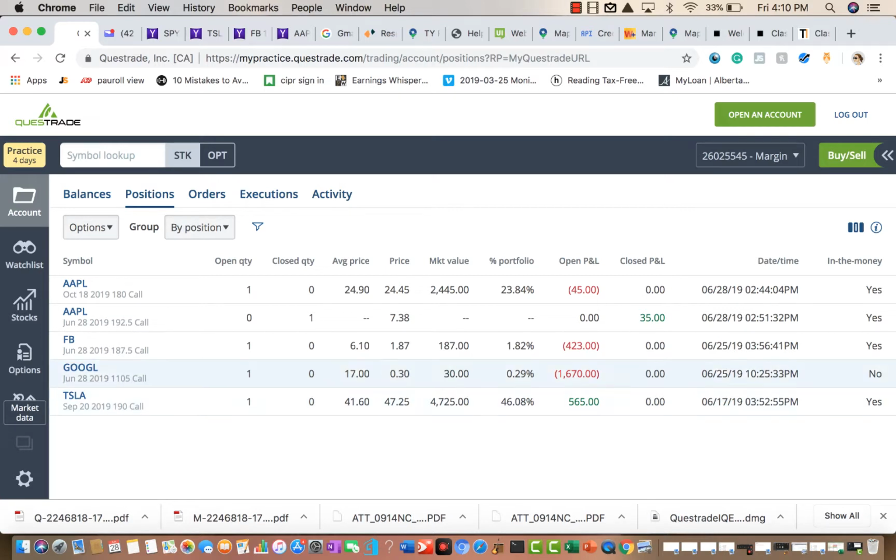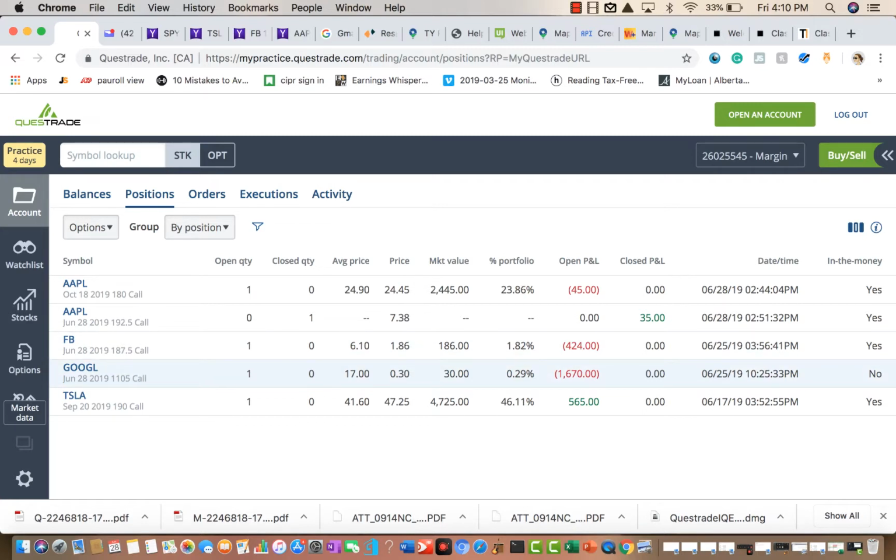All right, so if they're in the money, you want to close them before expiration because you're going to get exercised if you don't. But if they're out of the money, then you just let them expire worthless, and your max loss would just be the premium or the average price.